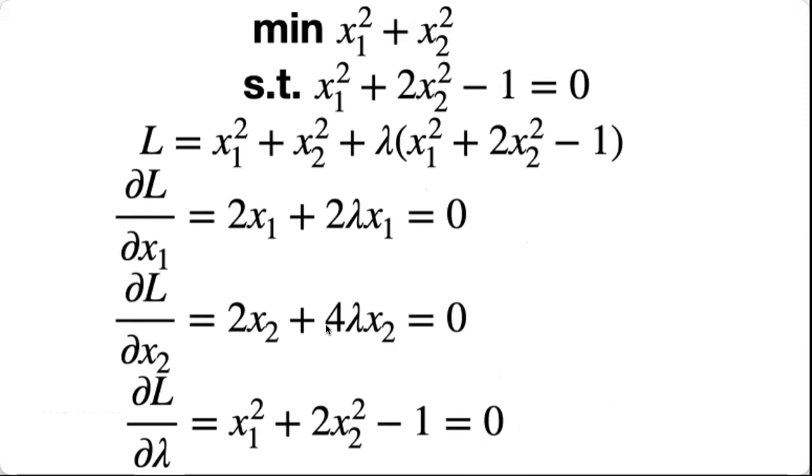Okay, and from the second equation, we have 2x2 plus 4 lambda x2 here. You see that we divide both sides by 2, so this expression becomes x2 plus 2 lambda x2, right?